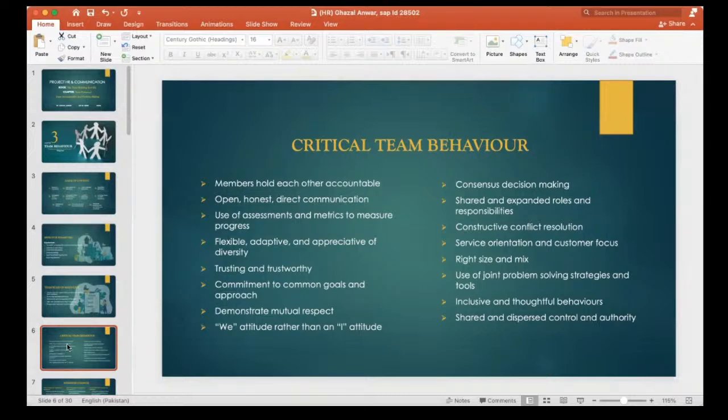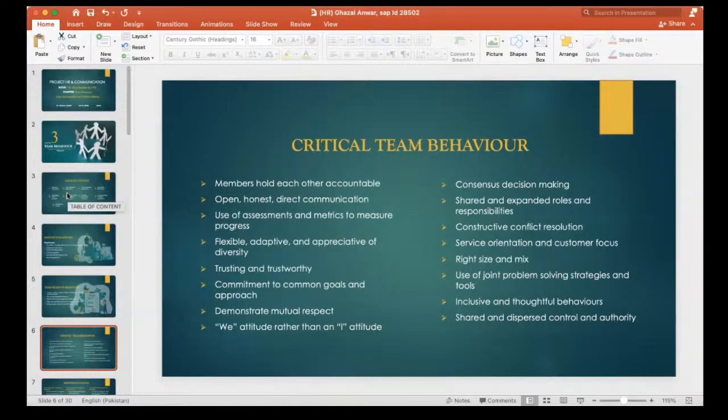As I said earlier, every person holds each other accountable. Every person is responsible for others' actions. A person who is in a team should be open, honest, and should communicate directly rather than doing circular communication.